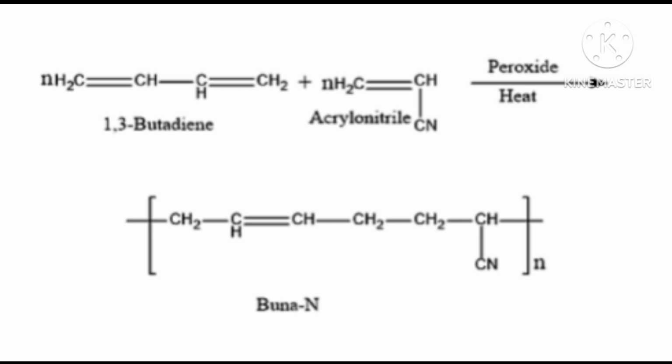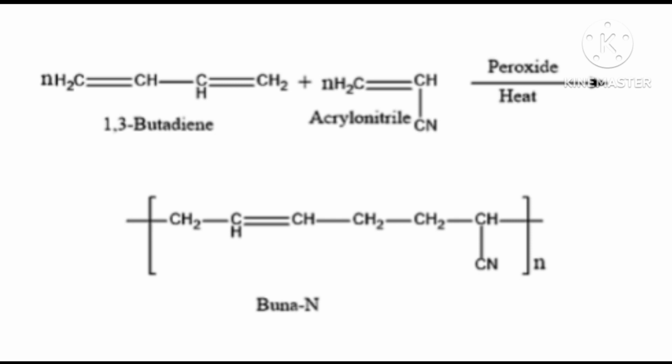Buna N is obtained by copolymerization of 1,3-butadiene and acrylonitrile in presence of a peroxide catalyst. If we take 1,3-butadiene in n number and acrylonitrile also in n number.